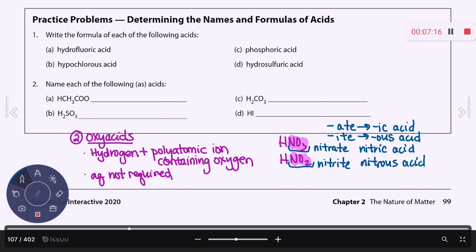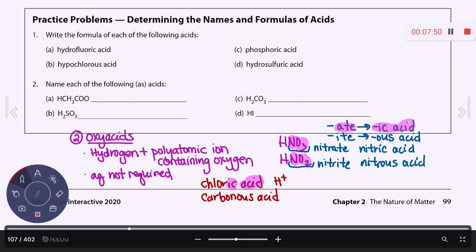Okay? If you were going in the other direction, we are still looking at the ions to determine the formulas. So what I mean by that is, if you're given something like chloric acid or carbonous acid as examples, ic acid means you really have an ate polyatomic ion attached to hydrogen.